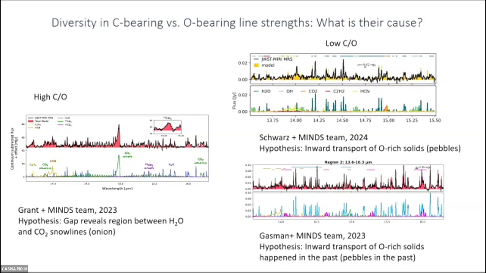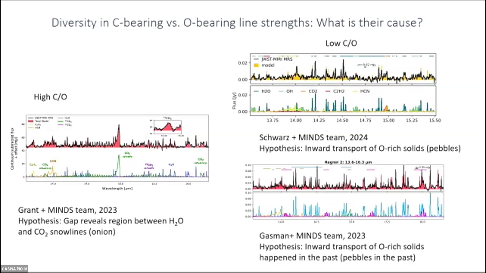And this is me editorializing about the interpretation of these results, but for high C to O, it was proposed that maybe there's a gap that's been revealed between the water and CO2 snow lines, which gives you a lot of carbon dioxide. So this is kind of a carving out the onion scenario. On the right, it's kind of interesting.